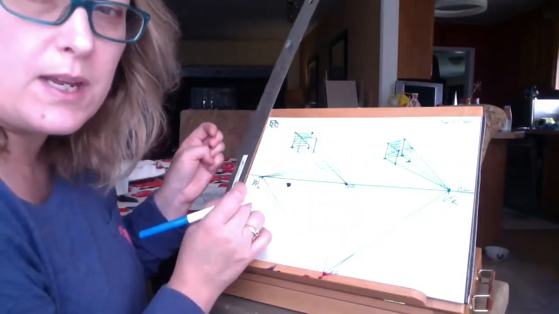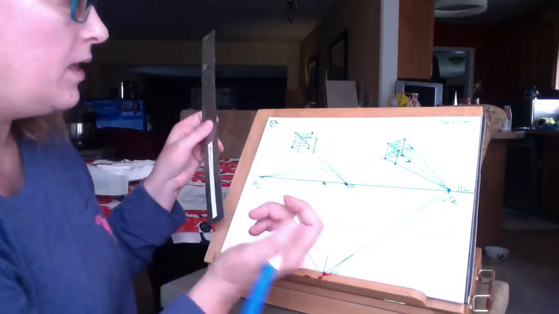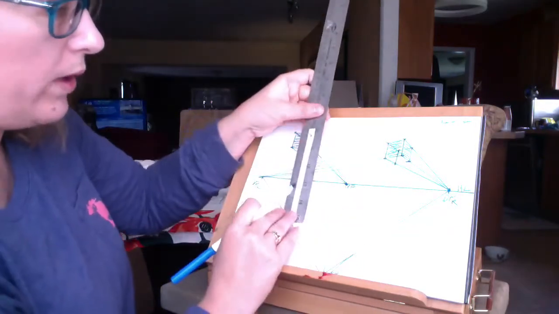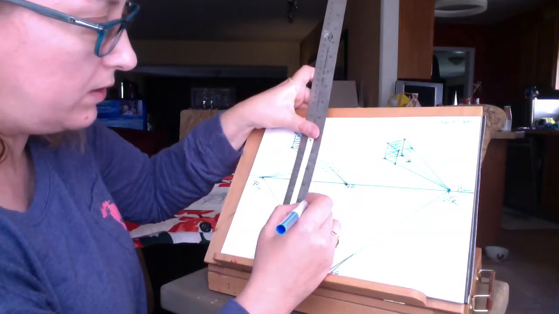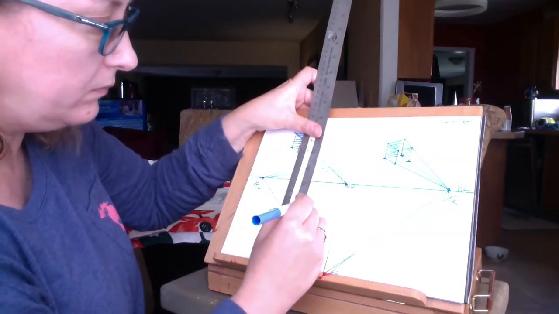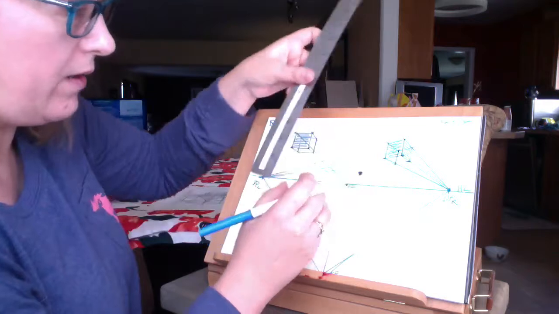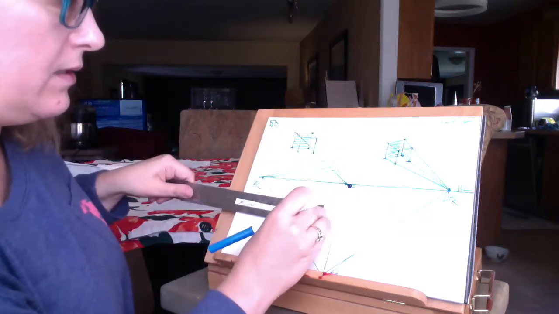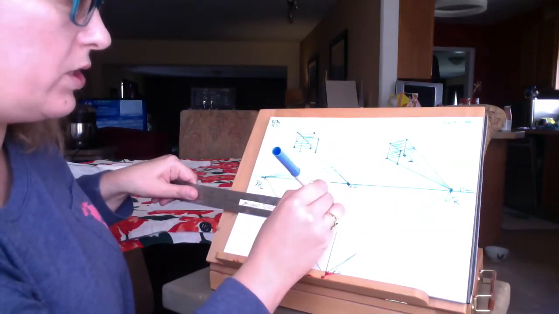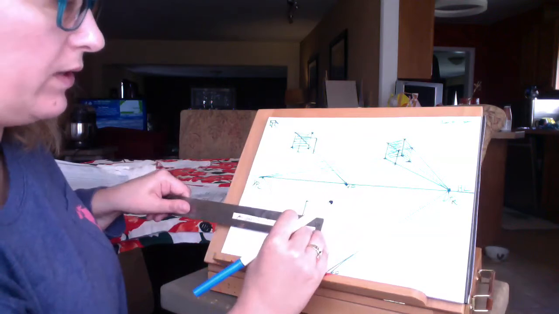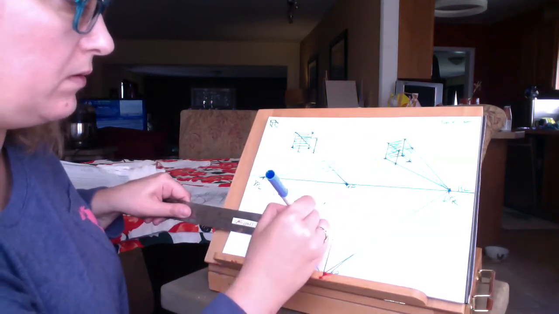So let's practice making a cube in 1 and 2 point. Again, with a 1-point cube, and I'll do it down here so you can see it a little better. I'm going to create a square that is, in my case, 1 by 1 inch. In your case, it might be 2 by 2 inch if you have a little bigger paper than I do.